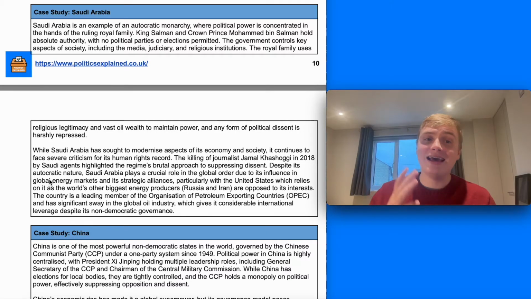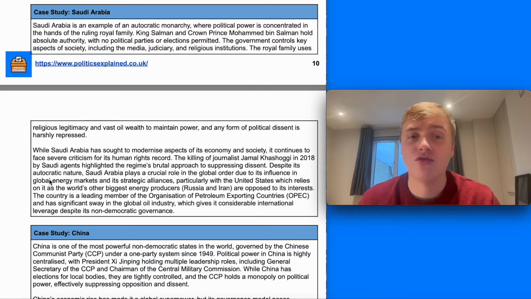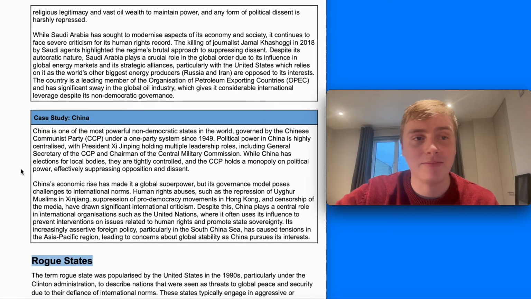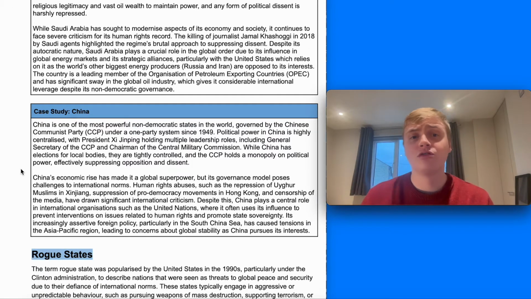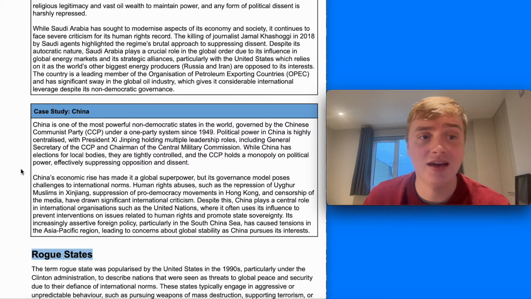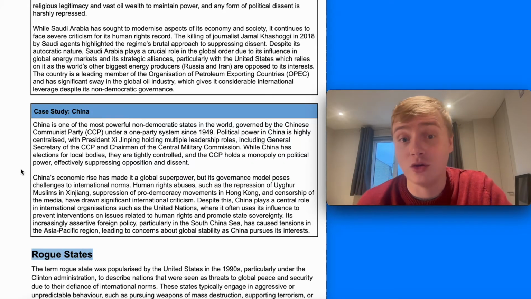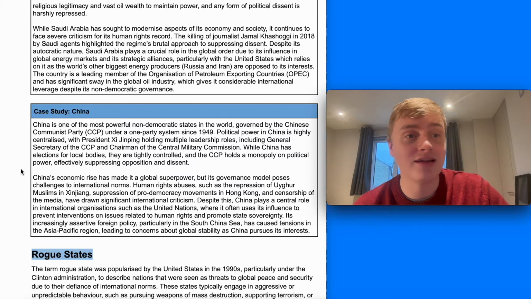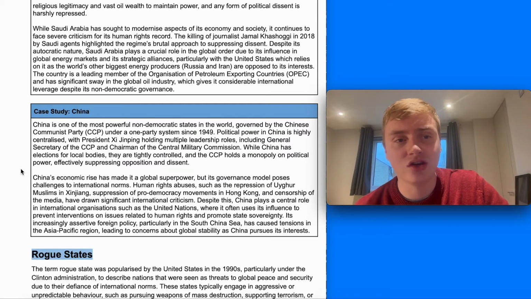The government controls key aspects of society, including the media, judiciary, and religious institutions, and the royal family uses its religious legitimacy and vast oil wealth to maintain power and repress political dissent. While it has sought to modernise aspects of its economy and society, it continues to face severe criticism for its human rights record. The brutal killing of journalist Jamal Khashoggi in 2018 by Saudi agents within, I think, Turkey highlighted the regime's brutal approach to suppressing dissent.